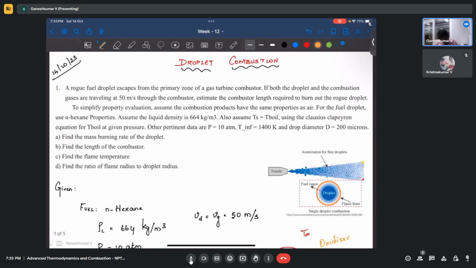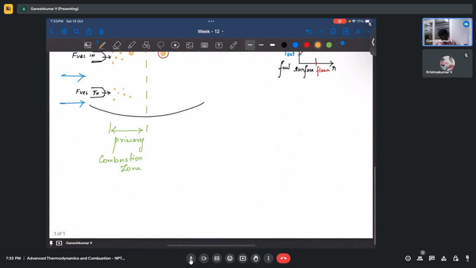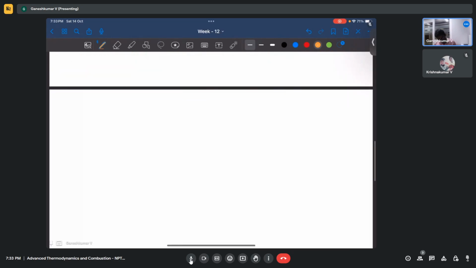Now we need to find the mass burning rate of the droplet. So let's just find the mass burning rate of the droplet.